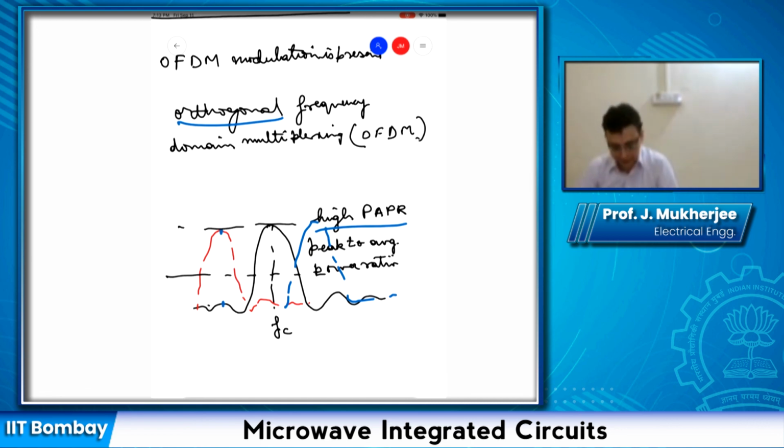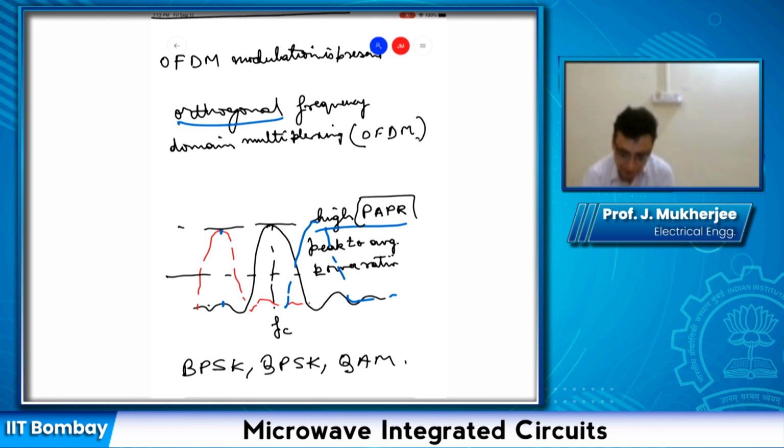And this is further complicated by the fact that the modulation schemes may be various, like you may have BPSK, QPSK, QAM. So all these modulations in turn will have their own different OFDM pulses, and each will have their own PAPRs. So your power amplifier has to be optimized.